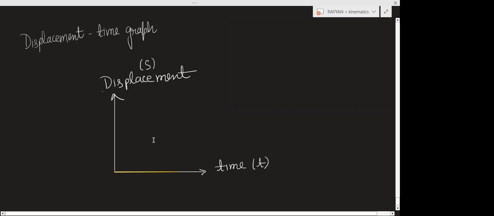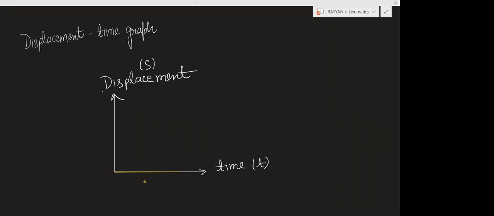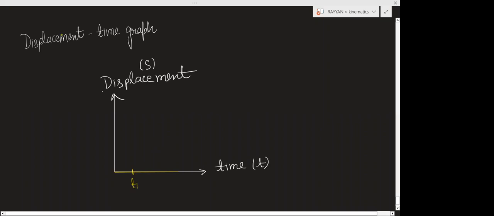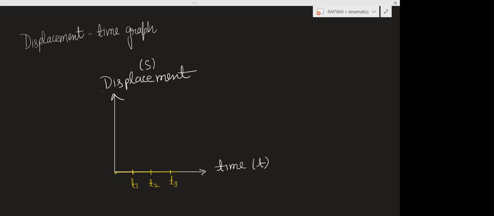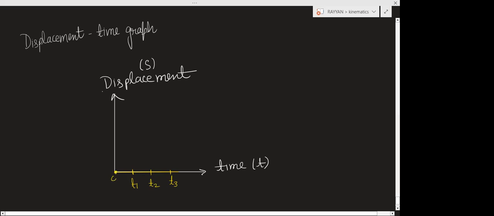Now in this graph, suppose you are taking different values of time. Suppose you have taken the time t1 here, time t2 here, time t3 here. Now time is changing, but the displacement is 0. You can see this is the origin point, and displacement remains the same, that is 0.